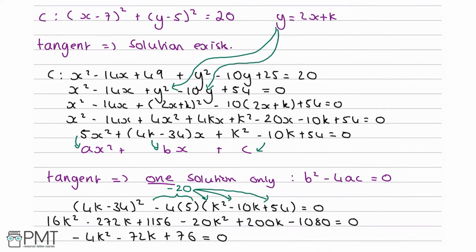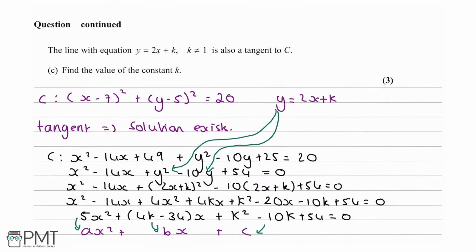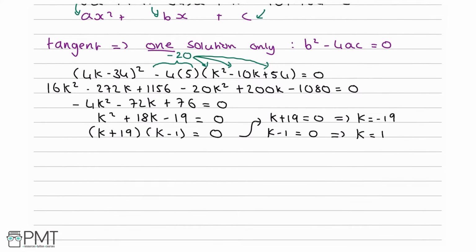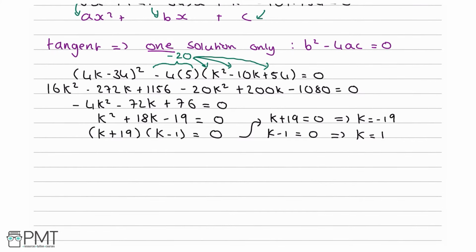But bear in mind, in our question, we are told that k cannot equal 1, okay? Which means, when we look here, we should write something along the lines of k equals minus 19 and 1. But since k cannot equal 1, therefore k equals minus 19.